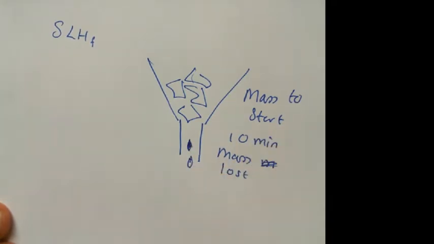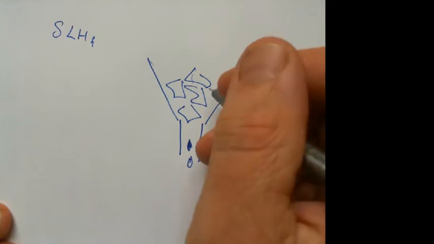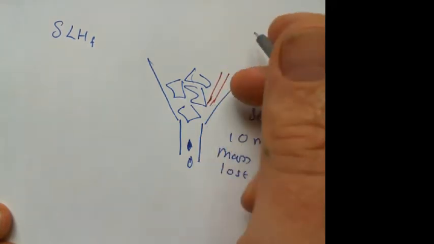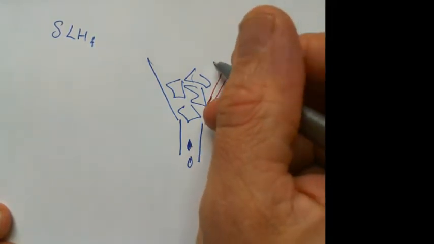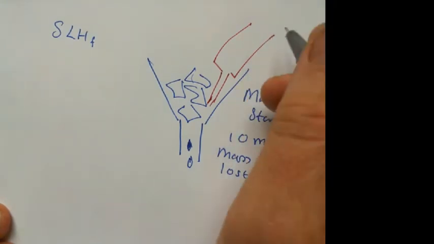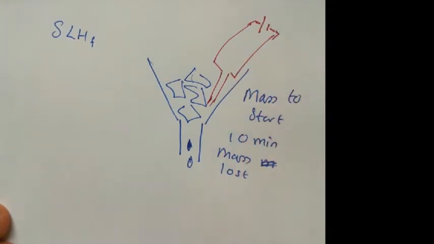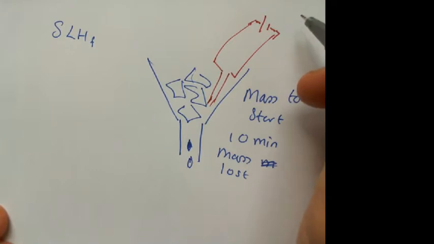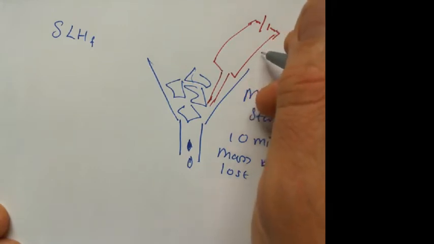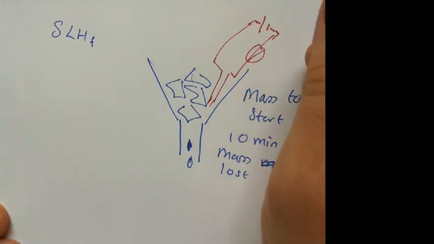Okay, then the next thing I want to do is add a heater into my liquid, and I want to use an electric heater for the same reason as when we're doing specific heat capacity. That's because I can quite easily work out the amount of energy that I've supplied to my heater by using the voltage and the amount of time.